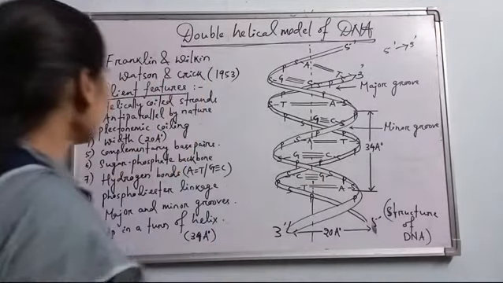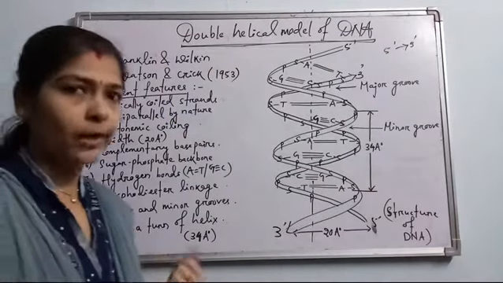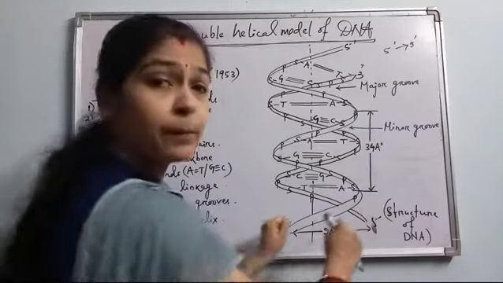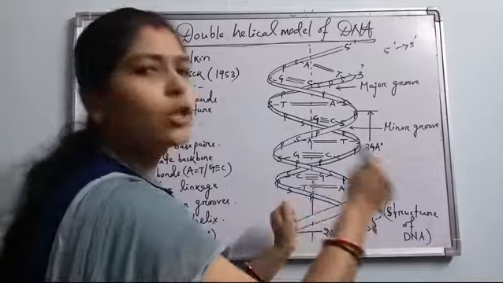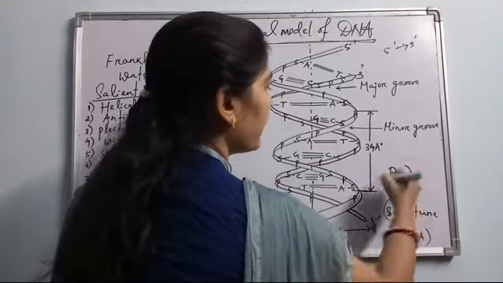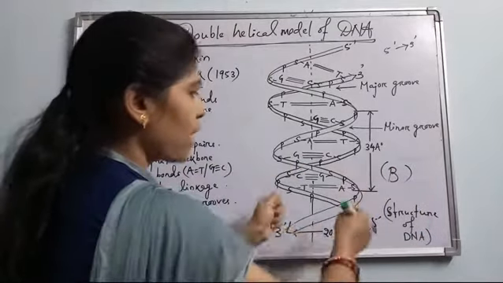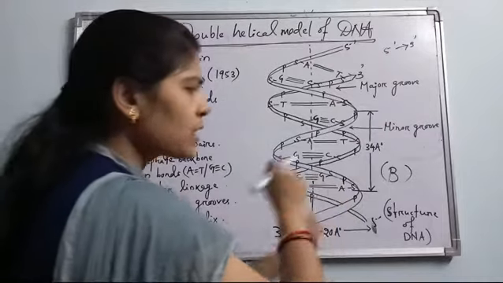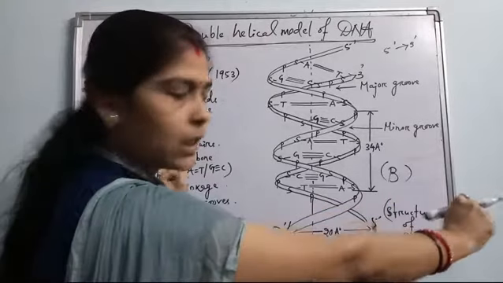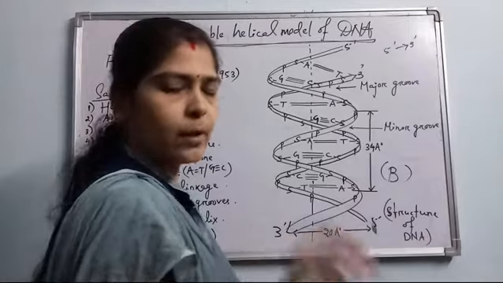Then the third point, plectonemic coiling. What is plectonemic coiling actually? It means the two strands of DNA cannot be separated except by unwinding the coil. We are discussing B-DNA here, and in B-DNA the two strands are so coiled that they cannot be separated except by unwinding the coil; we can't pull them apart suddenly.